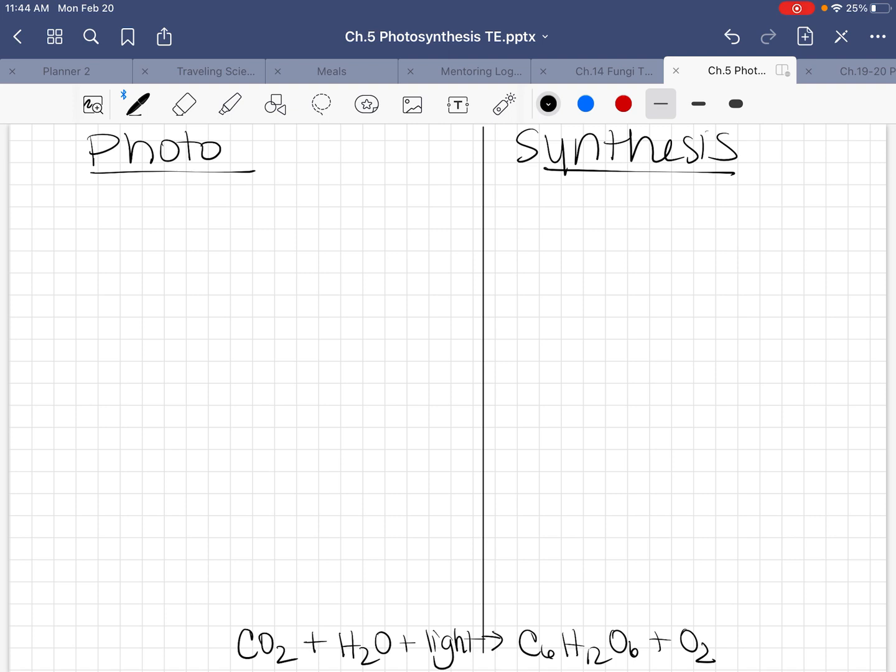So in our photoreactions, water is broken down into electrons, into oxygen, and into hydrogen ions. So we've got our water used here in our photoreactions.